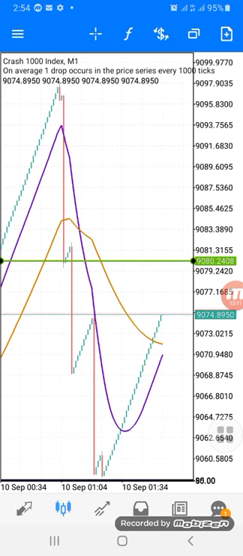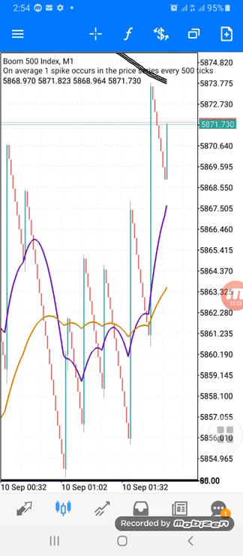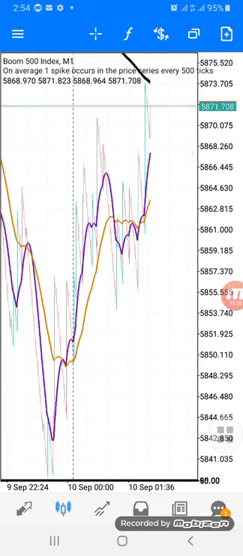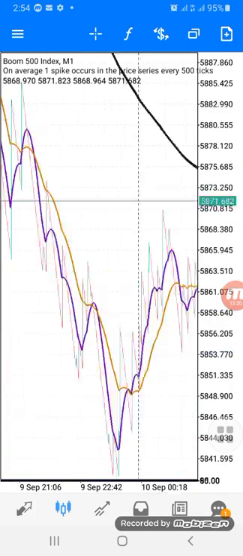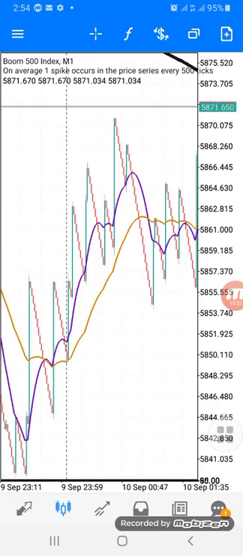All right, so practice on your demo account and understand how it works. You can even do more findings on this strategy and develop yourself. Okay, we all trade. You have to be conscious of your trade. You could see here, boom 1000 is just going up and down, up and down.